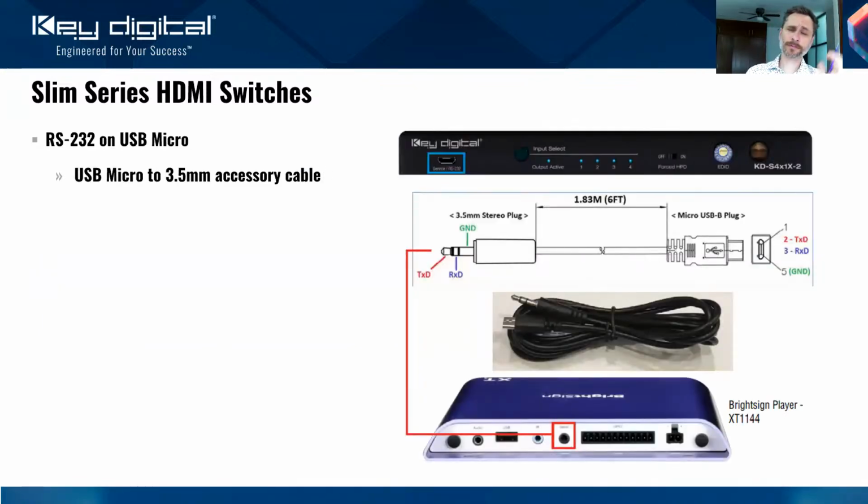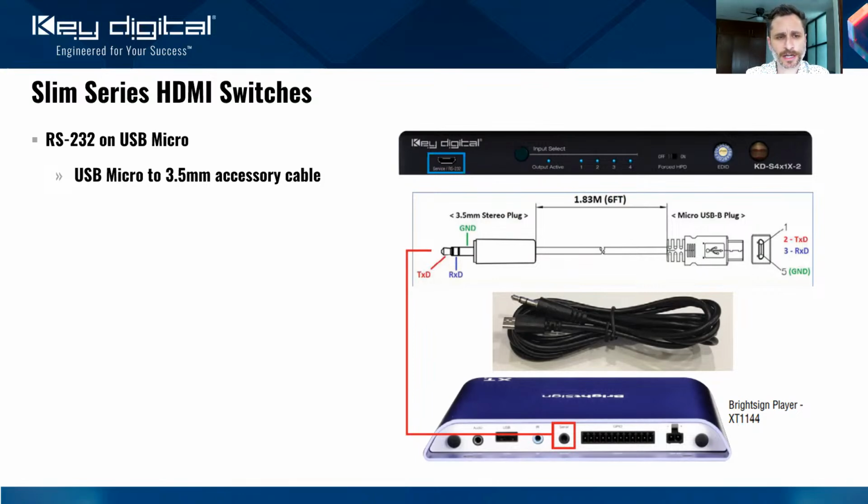But we do have one really fantastic feature in the Slim Series that came out of necessity for a project we were working on and rolled out in large quantities. It's had a USB port that we've used for firmware updates, but it wasn't like a typical RS-232 USB.